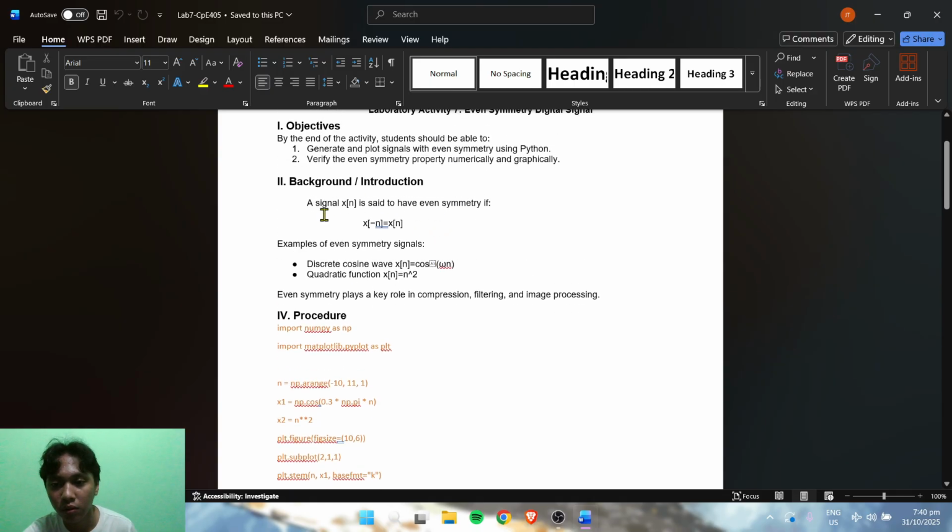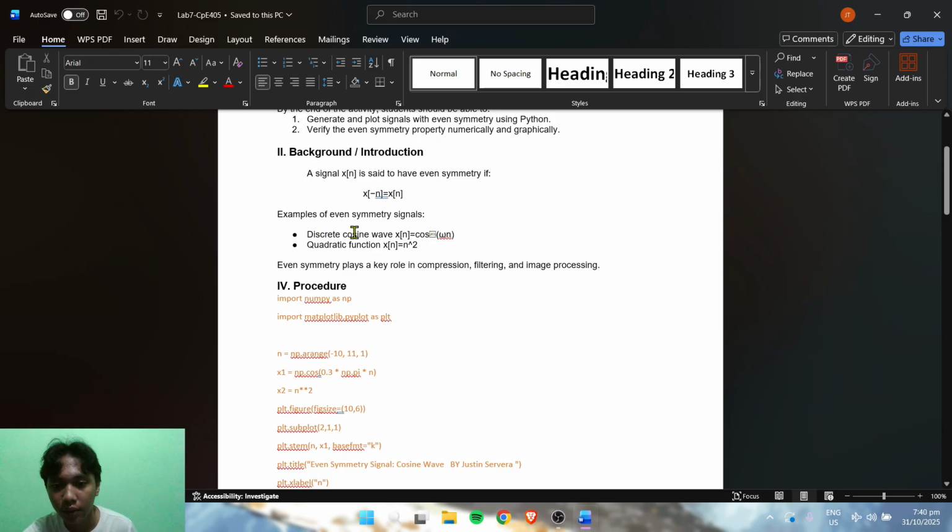For the background, a signal x of n is said to have even symmetry if x of negative n is equal to x of n. Examples are the discrete cosine wave and quadratic function.